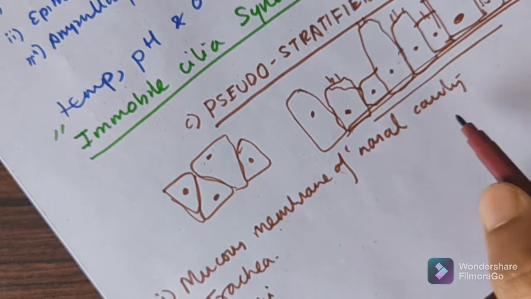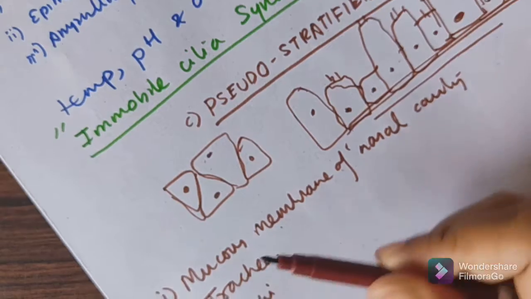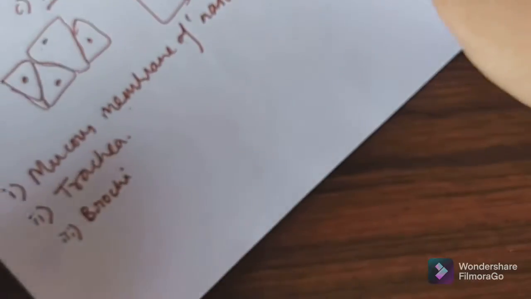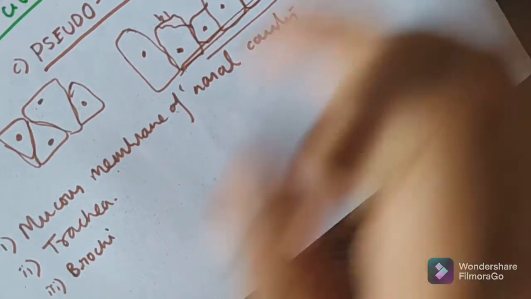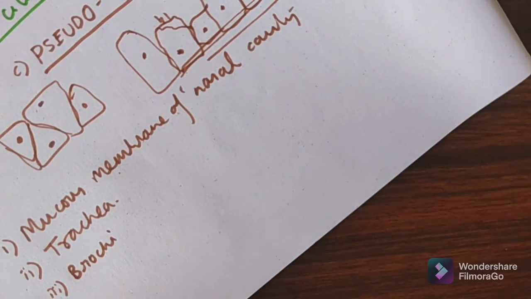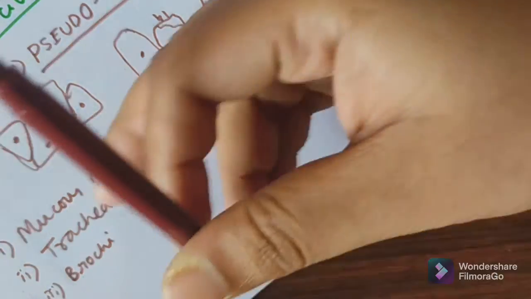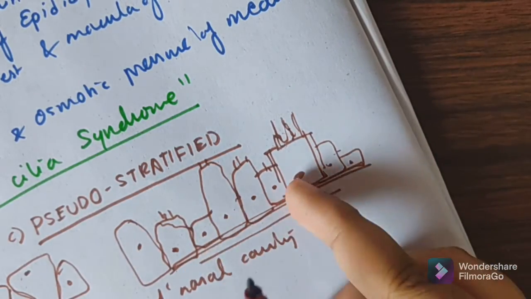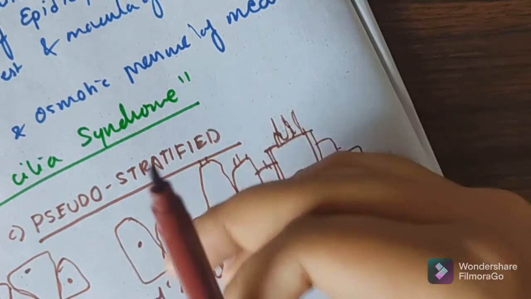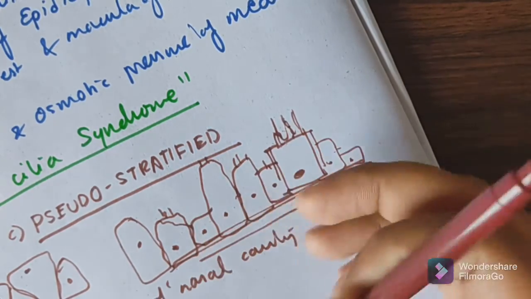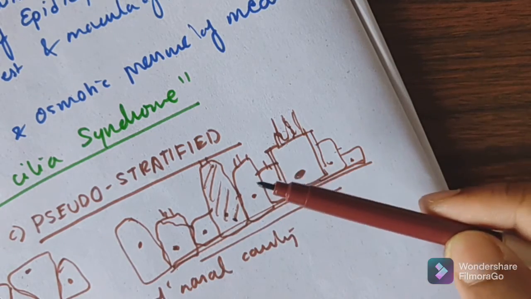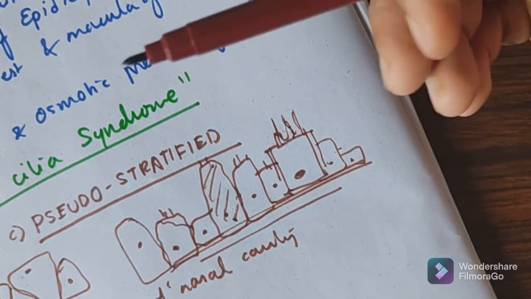I hope you are seeing it clearly. Now, these are the shorter cells that fail to reach the surface. These shorter cells probably serve as precursor cells to replace the longer cells, which are lost from the membrane in subsequent periods of time.